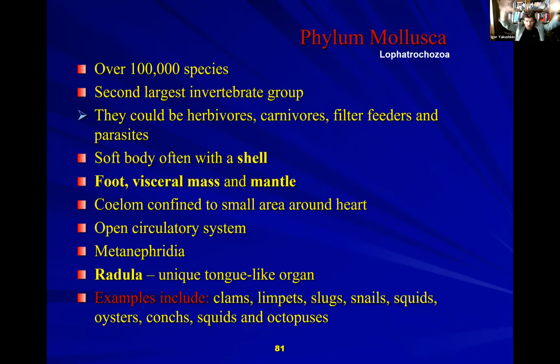Mollusks are not a species, it's a whole group known as the phylum. But if you say clam, that's one of the mollusks, and technically it's a genus, but you can still use it, or slug, or snail, or specifically garden snail.